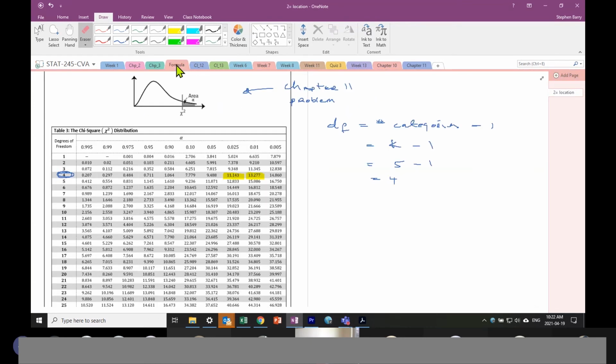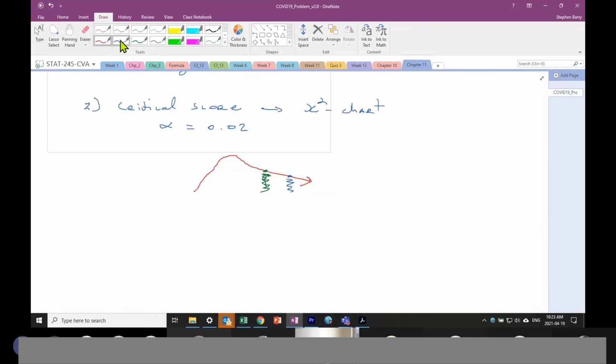So I got 13.3 and 11.1. Now, again, this is a little bit like, okay, we don't have the exact value. What if it's close? Well, then we're going to have to worry about something. But if we get a value of 10 as our test score, then it's not a big deal.